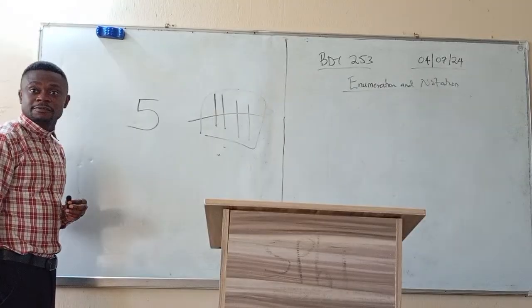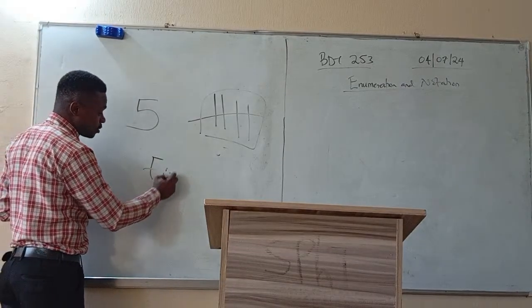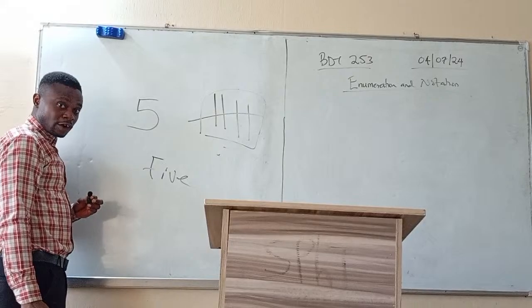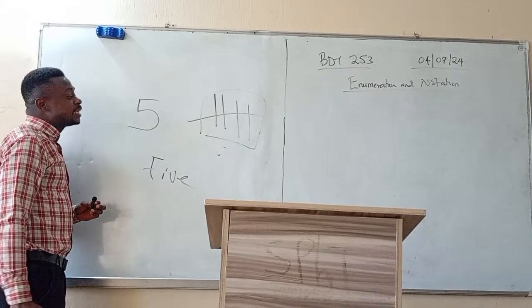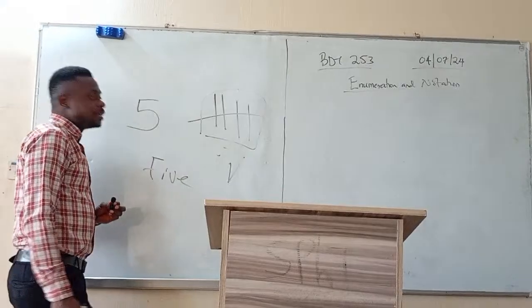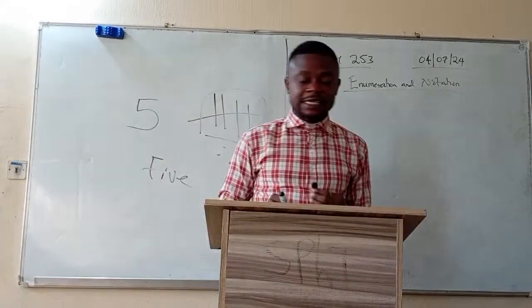Am I communicating? And this 5 here is also actually the same thing as what? 5. It's also the same thing as 5. Now, this is where numerals stop, and we discuss a lot of things about numerals.